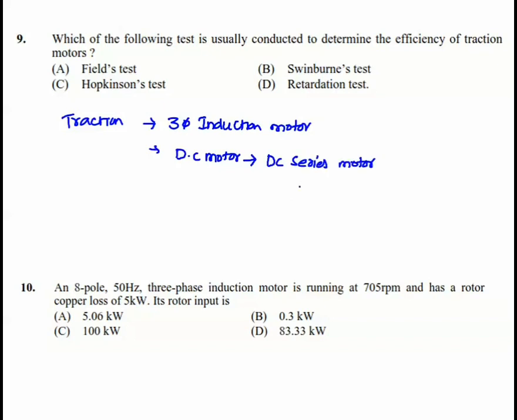In the given options, we need to find the efficiency of a DC series motor. The Swinburne's test, retardation test, and Hopkinson test are used to find the efficiencies of DC shunt motors and compound motors. The only option left is the field test. So the field test is used to find the efficiency of DC series motors, that is, traction motors.